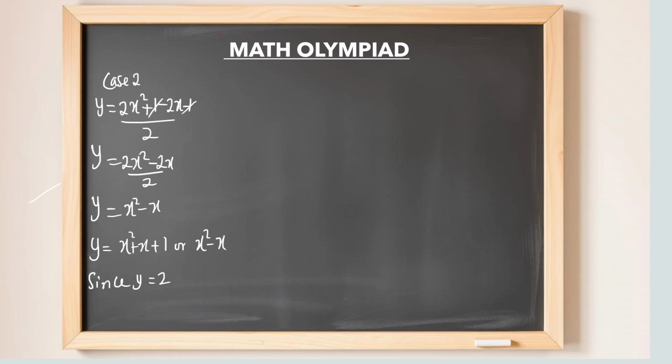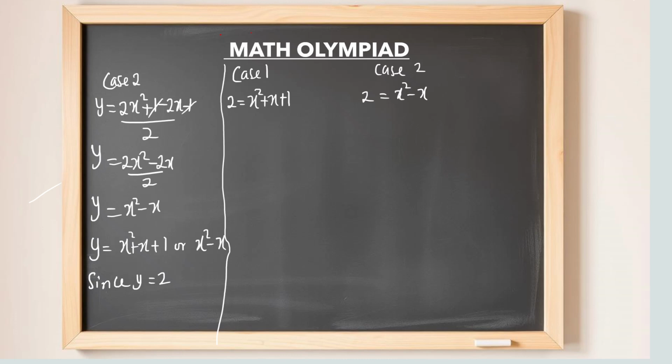For case 1, you have 2 equals x squared plus x plus 1, and for case 2, you have 2 equals x squared minus x.